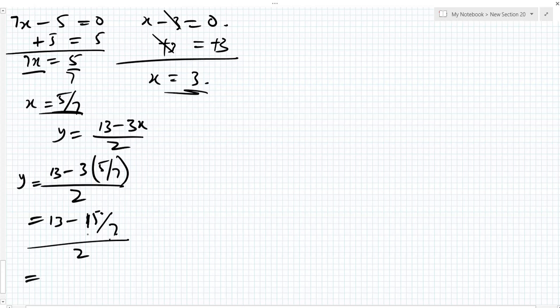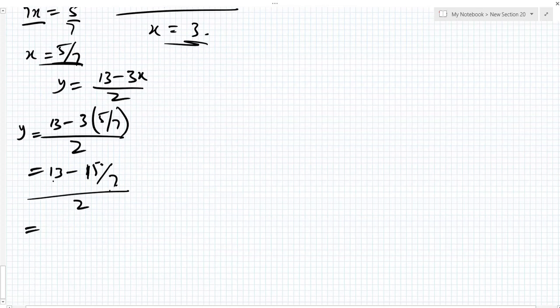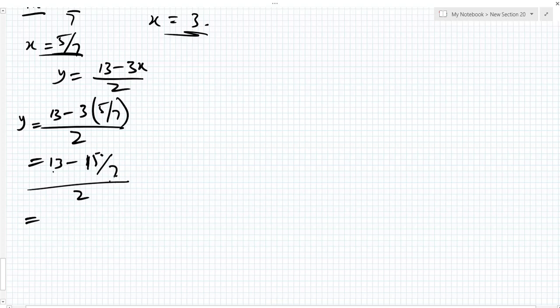So this times this: 7 times 13, 7 times 3 will give you 21. You write 1, carry 2, 7 times 1 is 7 plus 2, 91, minus 15, divided by 7, divided by 2.